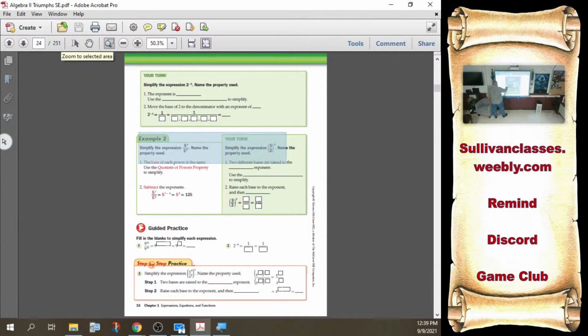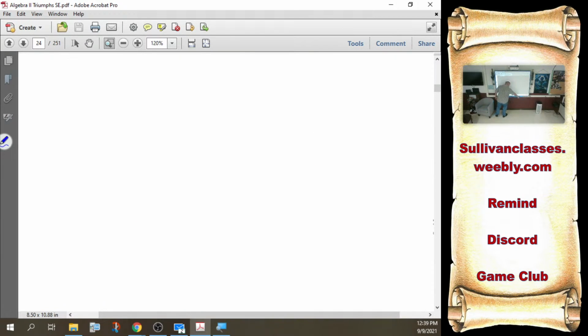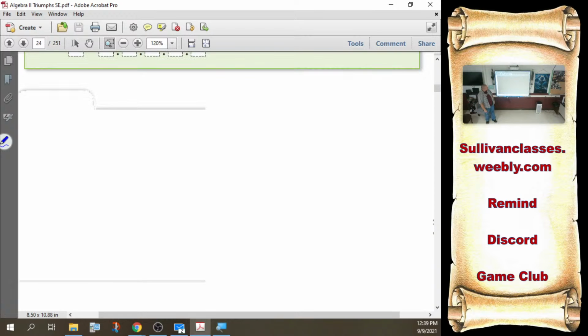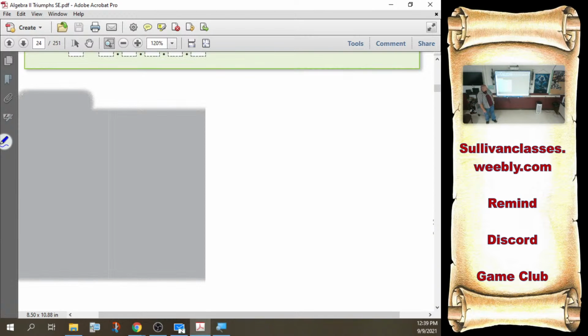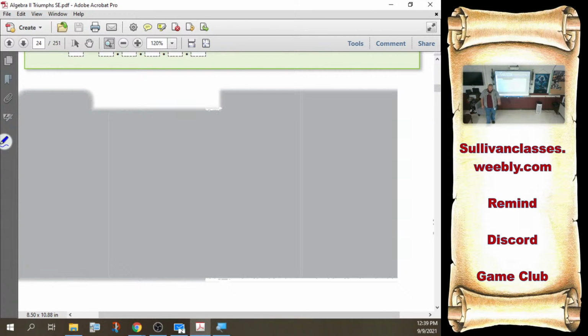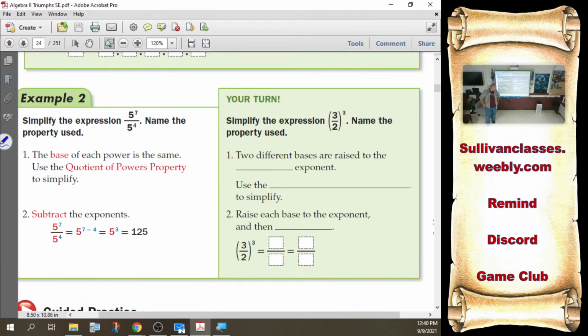Okay. Example 2. Who's getting that exponent? Both of them, right? Parentheses. Group hug. Okay?